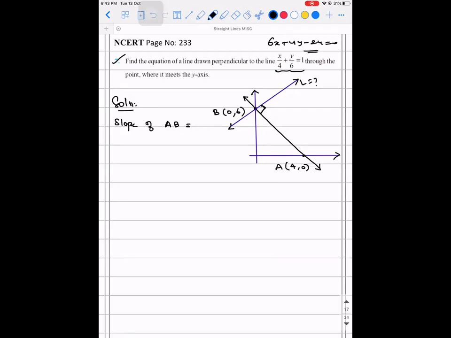Right? So this is the equation of AB. What is slope of AB? Minus 3 by 2, sir. Yes, that's right. Actually, it is minus 6 by 4, which will simplify to minus 3 by 2. So what will be the slope of line perpendicular to AB?